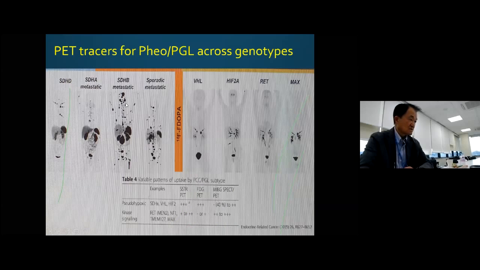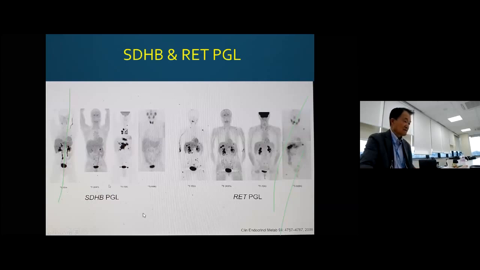This gene showed tremendous metastasis. Yeah, sporadic metastasis. And dopamine also shows in certain genes. And again, this is a common paraganglioma gene. It shows lots of things. But RET paraganglioma also shows some.